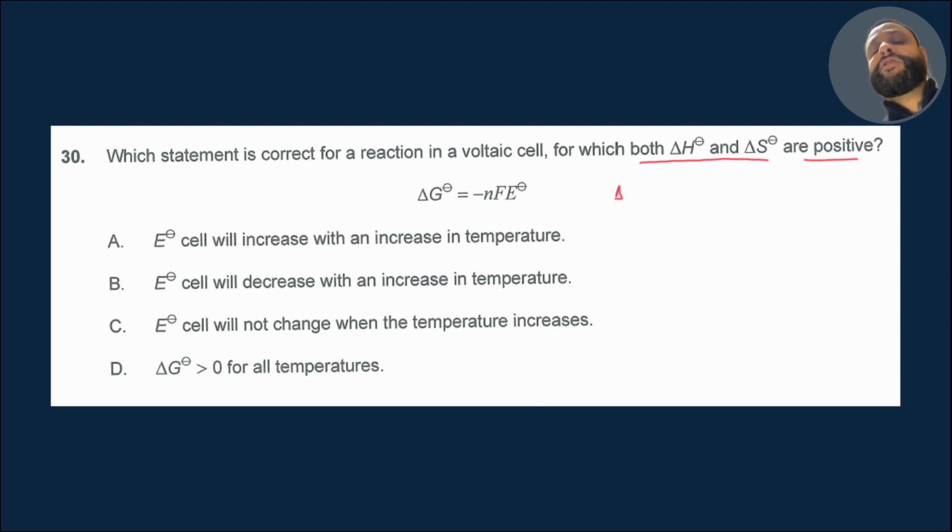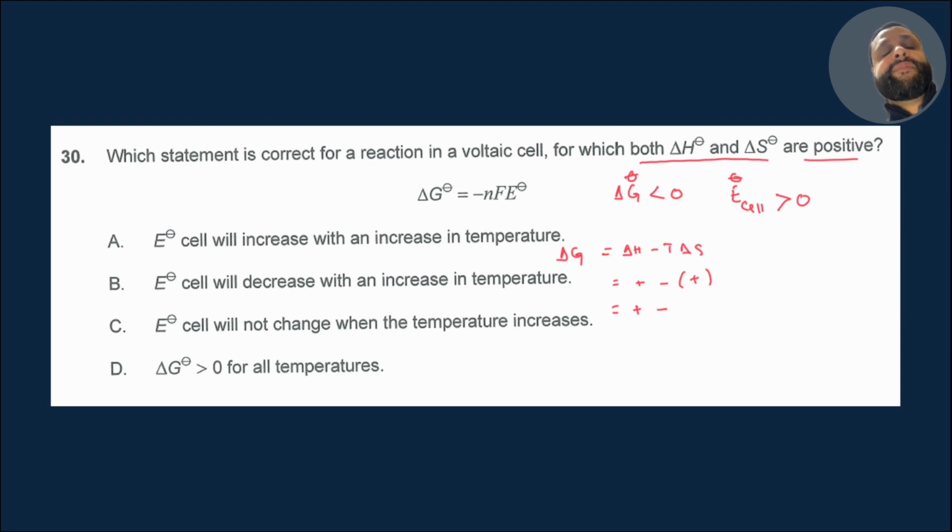If delta G naught is less than 0, the reaction is spontaneous, and E cell will be greater than 0. So delta H minus T delta S is equal to delta G. Delta H is positive, delta S is positive as well. So delta H positive, plus T delta S multiplied by minus, will give us negative.